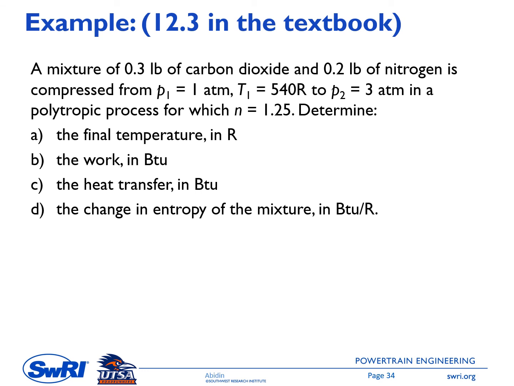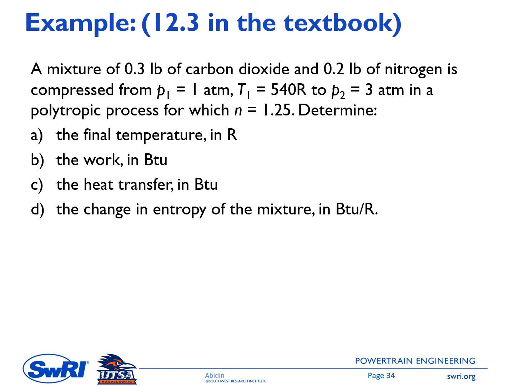Now let's take a look at this example, example 12.3 in the textbook. A mixture of 0.3 pound of carbon dioxide and 0.2 pound of nitrogen is compressed from P1 of 1 atmosphere and T1 of 540 degrees Rankine to P2 of 3 atmospheres in a polytropic process.